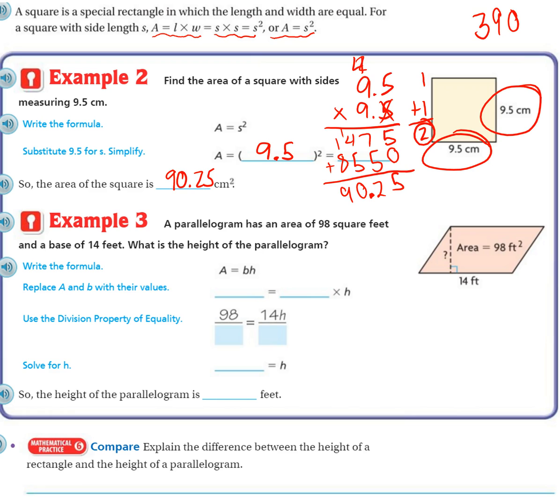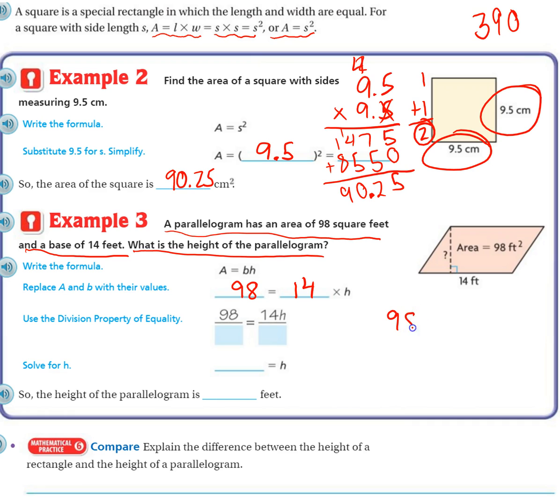Okay, going on to example 3. A parallelogram has an area of 98 square feet and a base of 14 feet. What is the height? So now it's similar to what we were doing with our equations, where this time they gave us A, they told us the area is 98, and they told us the base is 14.